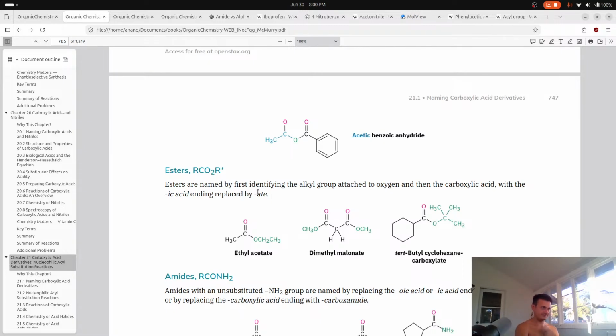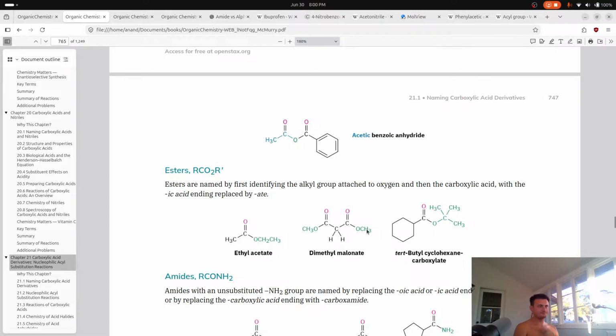All right, so this is ethyl acetate because this goes from acetic acid to acetate. All right, that makes sense.